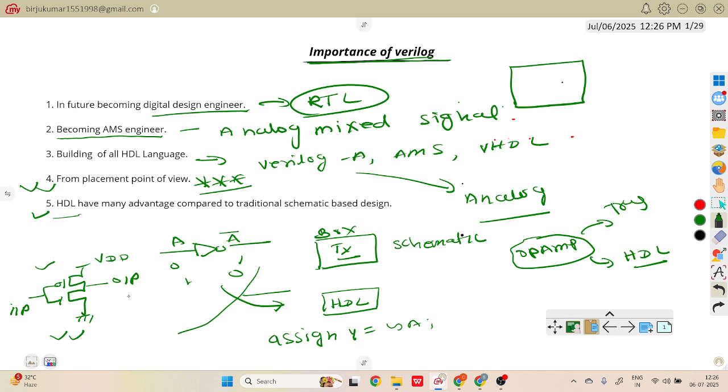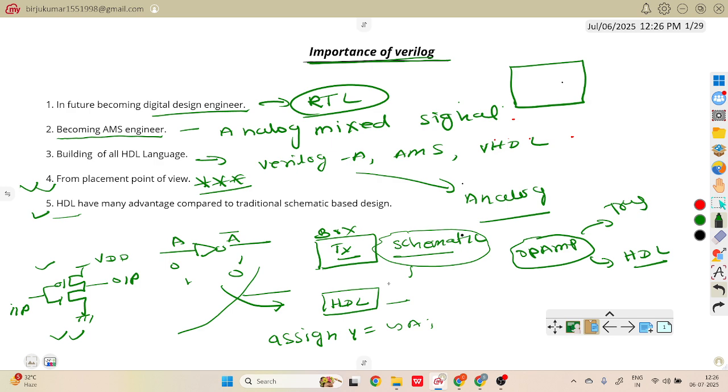If you simulate these two things, schematic-based and HDL-based, the schematic-based will take more time compared to HDL. If you have a larger design, when you enter the VLSI industry, the simulation will run 1 month, 2 months, 15 days, 20 days like that, because a large circuit and large design is there.